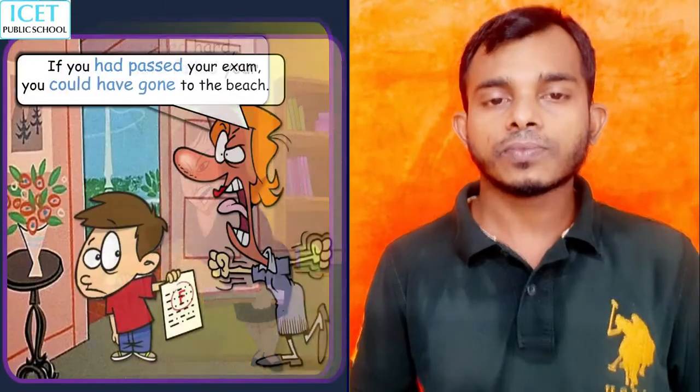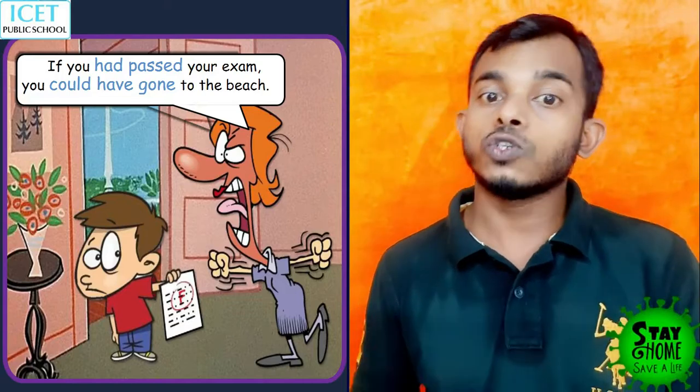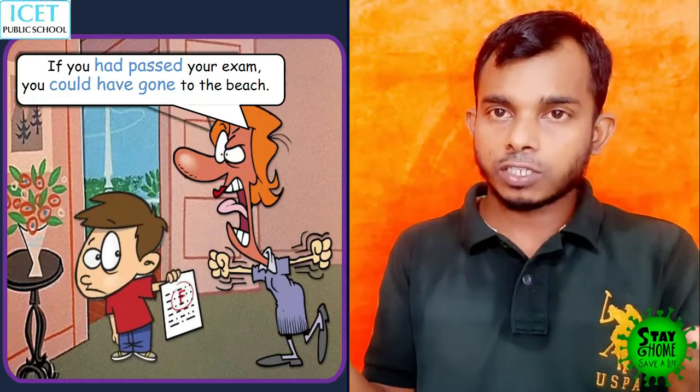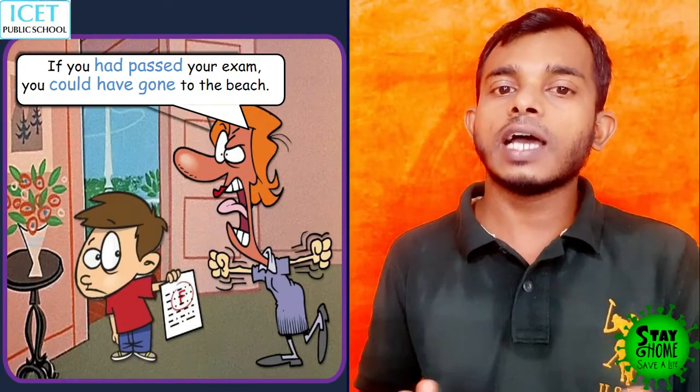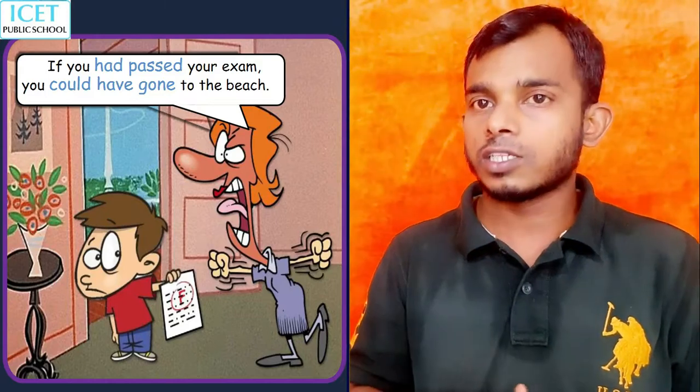So the if clause in this sentence is written in past perfect tense and the main clause is written in future perfect tense with past auxiliary would, wouldn't. If you had passed your exam, you could have gone to the beach. This is another example for third conditional sentence.